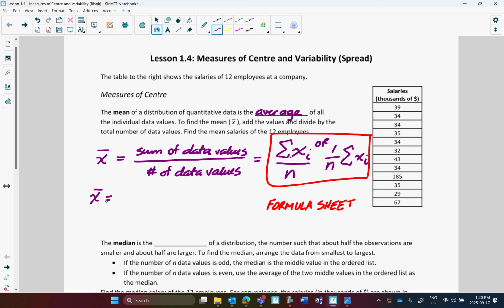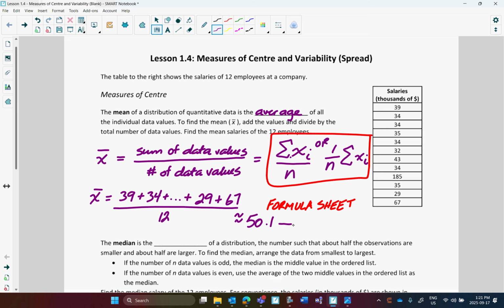Add up the numbers. Calculator. So find the mean of this distribution. You add up all the numbers, the data values in the list, all 12 of them, and divide by how many there are, 12. And that would give us approximately 50.1.